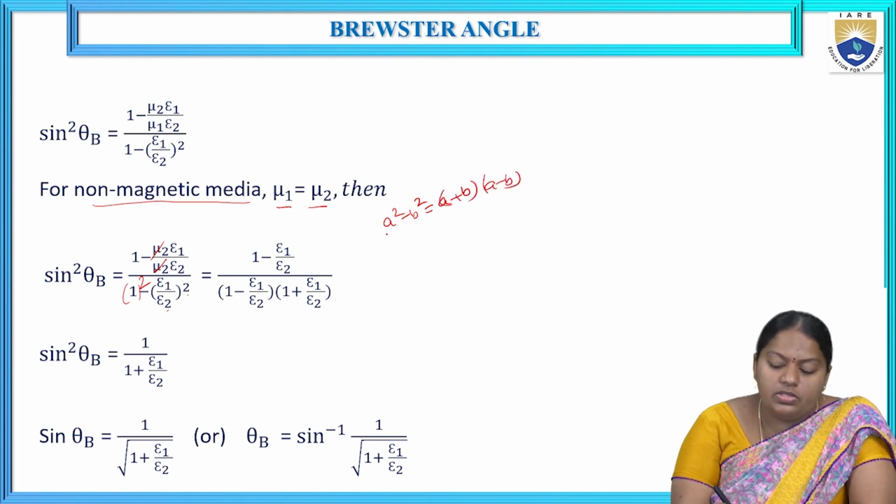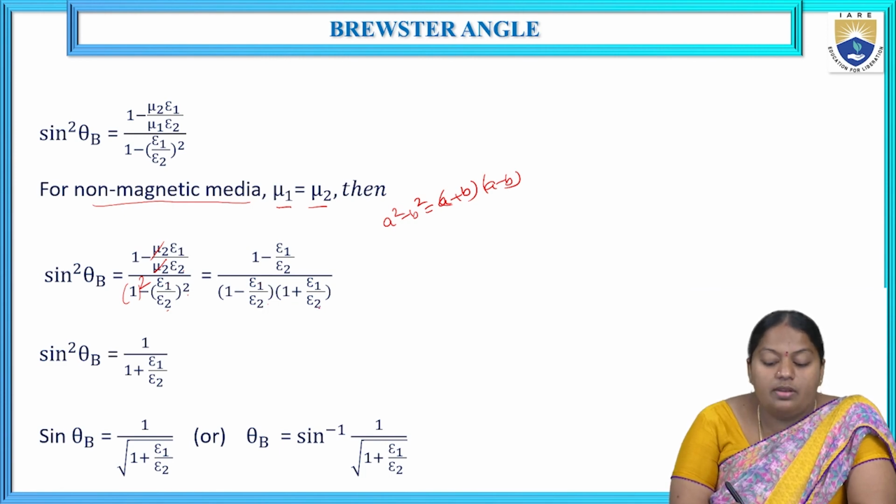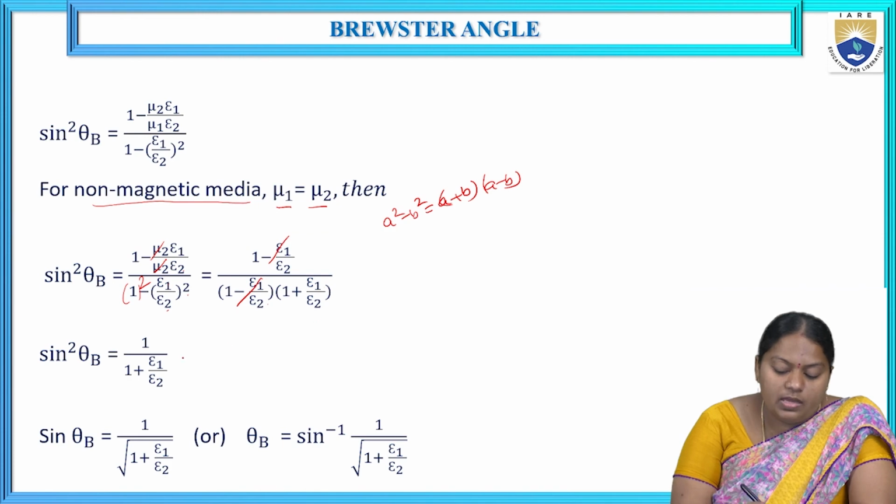And a is the value which is given as 1 and b is given by epsilon 1 by epsilon 2. So upon expanding this one in terms of a plus b and a minus b, in the denominator if you observe, 1 minus epsilon 1 by epsilon 2 into 1 plus epsilon 1 by epsilon 2 is left out. And the numerator and denominator both get cancelled, then 1 by (1 plus epsilon 1 by epsilon 2) is left out.